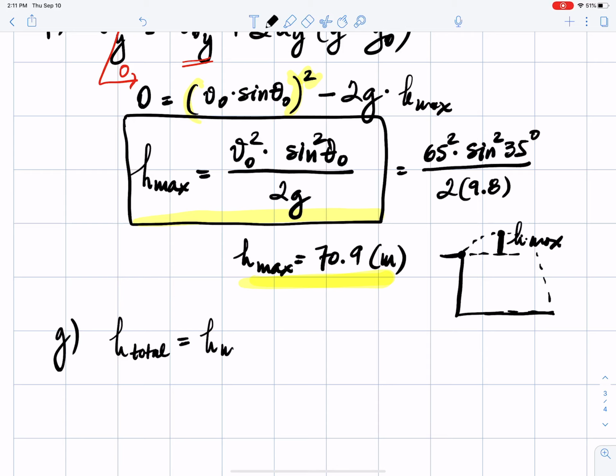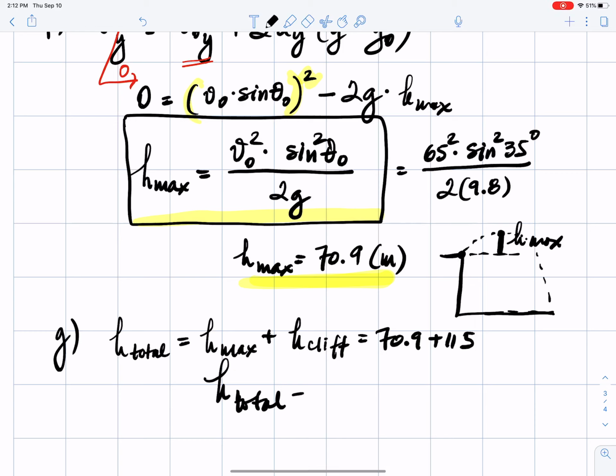It's going to be h max, the total altitude reached above the cliff, plus what is below, into the cliff area, h cliff. So simply you just have to add the numbers, and in the end you get 185.9 meters. And that's a simple addition I did to the text that was there.